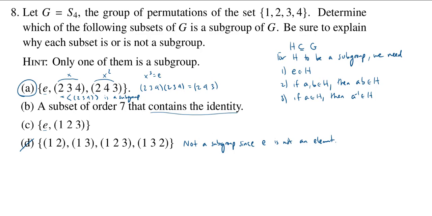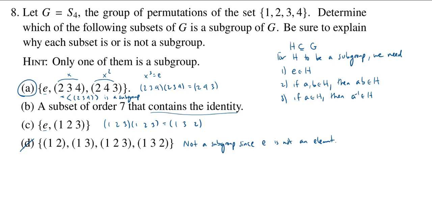How about C? I know multiplying by e doesn't do anything, but let me square (1 2 3). It should look a lot like what happens with (2 3 4). This should be (1 3 2). It's just going to swap the last 2 entries, and you can double check it: 1 goes to 2, 2 goes to 3, 3 goes to 1, 1 goes to 2, 2 goes to 3, back to 1. So this is true.